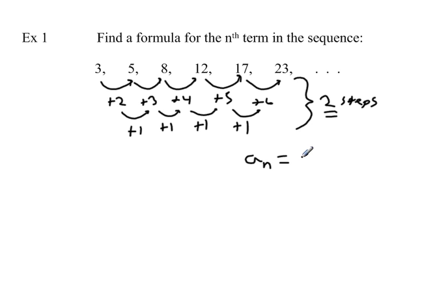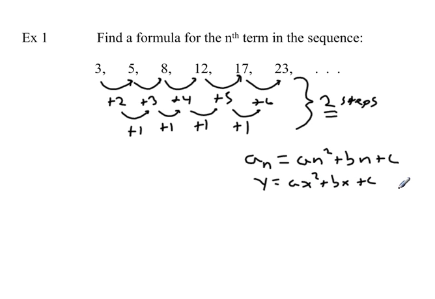So it's going to be a times n squared, plus b times n, plus c. In general, this equation is y equals ax squared plus bx plus c.